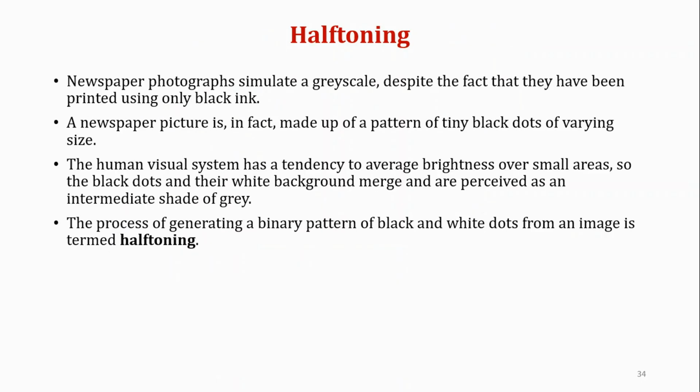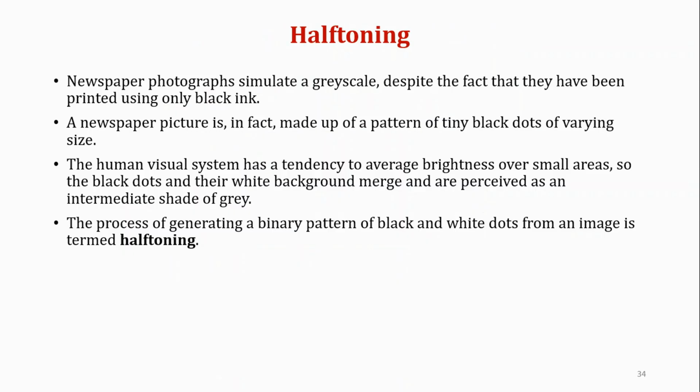Half toning is widely used in newspapers and magazines. Although only black ink is used, different shades of gray are produced by varying the density of the dots. Our visual system averages these dots and perceives the intermediate shades in between.